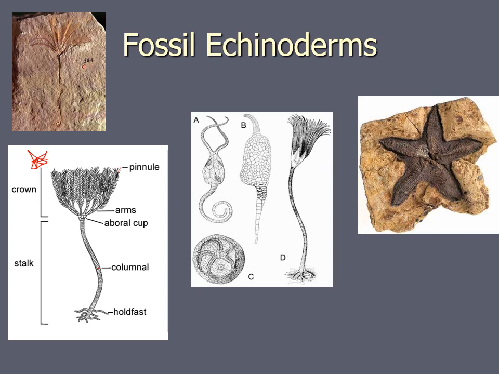What looks like roots down here at the bottom, those are actually tube feet, but again, made of a series of calcium carbonate plates. The stalk is made of a series, if you could look at this up close, of little tiny disc-like rings, all stacked up on top of each other. And they can move.